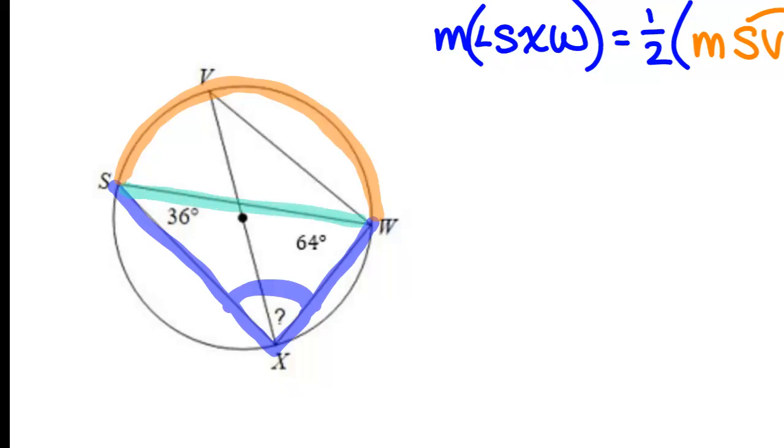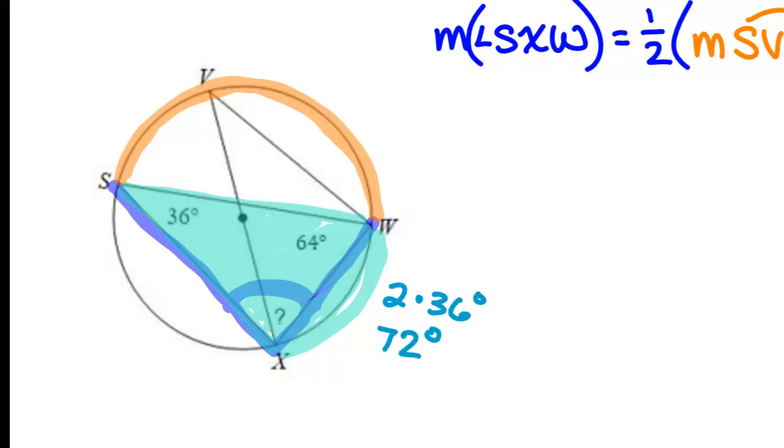This angle right here, WSX, is 36 degrees. And it is intercepting this arc right here, WX. It is twice as big. So since it's 36 degrees, we do 2 times 36 degrees. We get 72 degrees for this arc here.